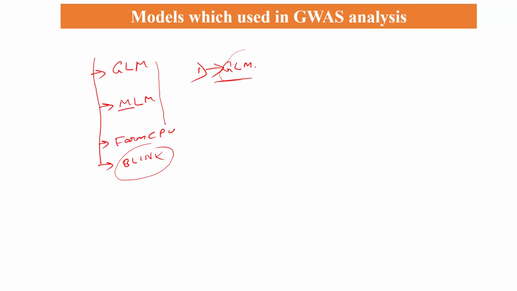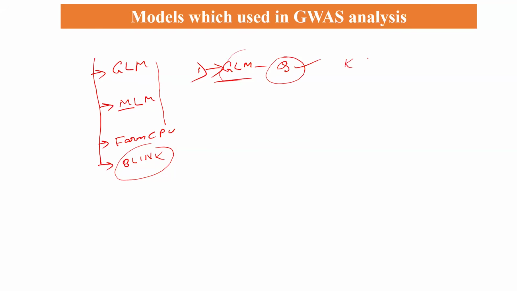And what is the meaning of the GLM? In GLM, only the Q matrix is used, but the K matrix is not used.